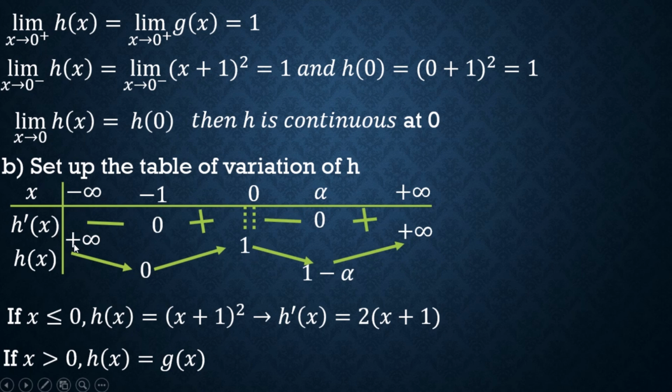The limit of h of x as x goes to minus infinity is the limit of (x plus 1) squared, which equals infinity. So we have an asymptotic direction parallel to what? To y prime y. Okay? And here we have an asymptotic direction parallel to what? To x prime x, because the limit of g of x over x as x goes to plus infinity equals 0.